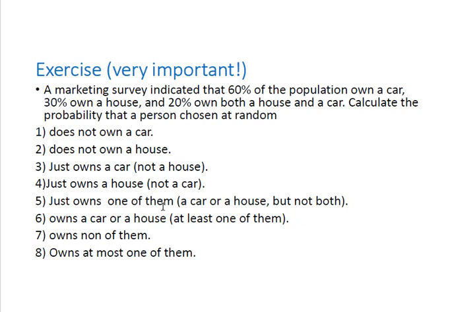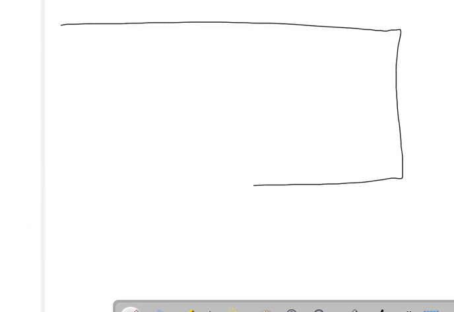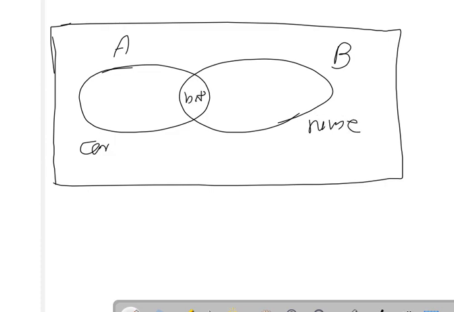Just owns one of them, a car or a house, but not both. Just owns one of them. Okay. Again, we have car, house, and both. Just one.